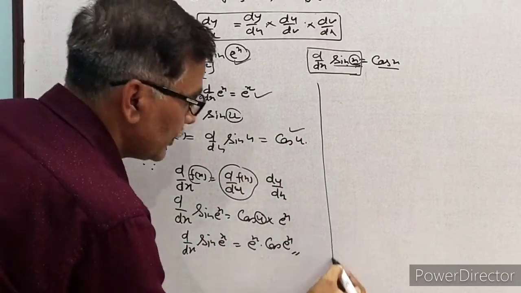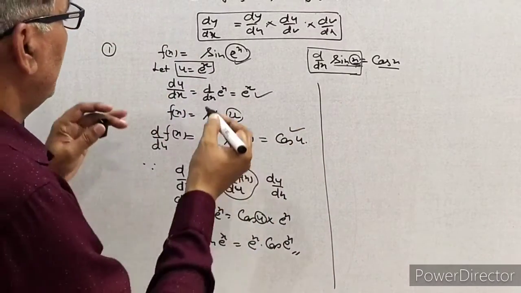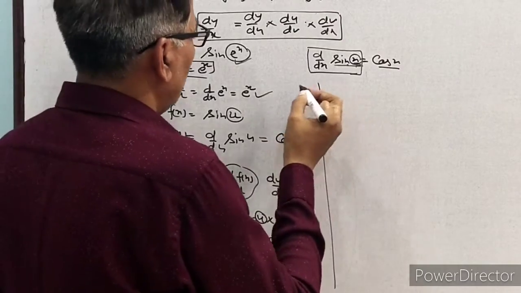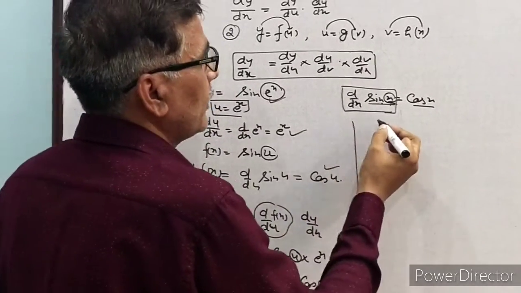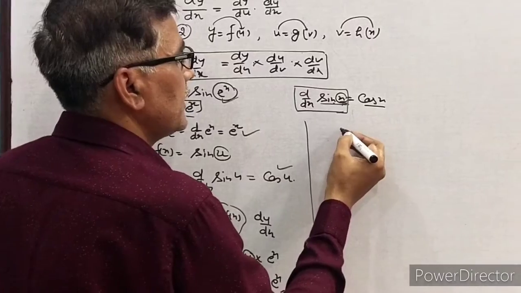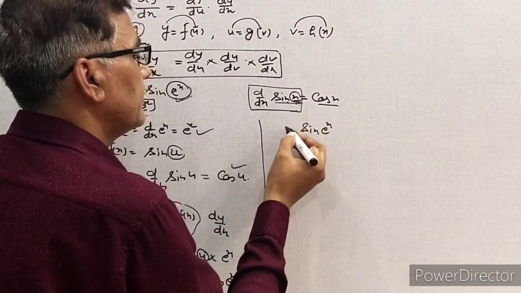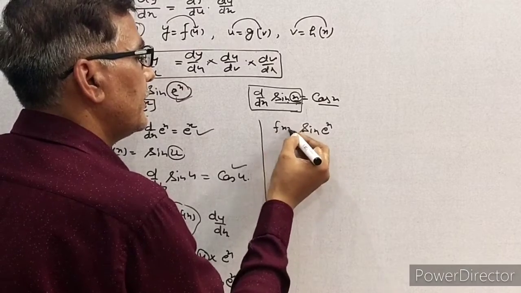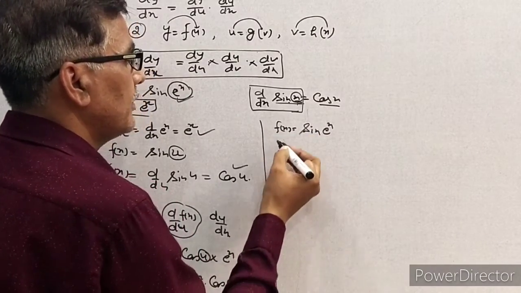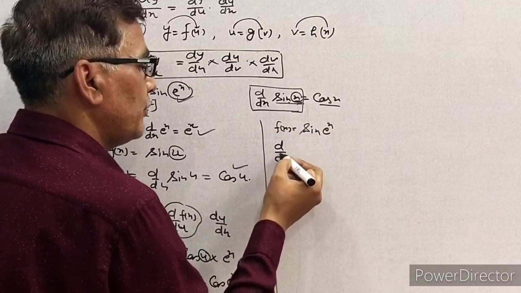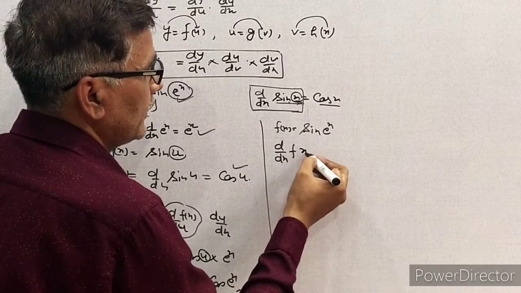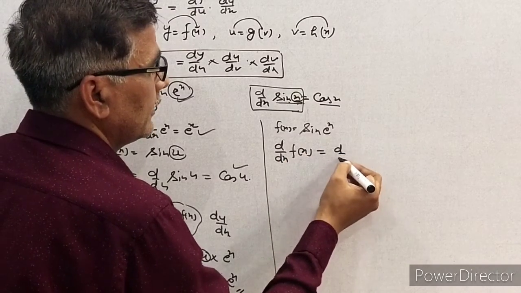The same question may be done in a simpler manner, as we are given sin(e^x). Now we wish to differentiate this with respect to x, so we have to put here d over dx on both the sides.